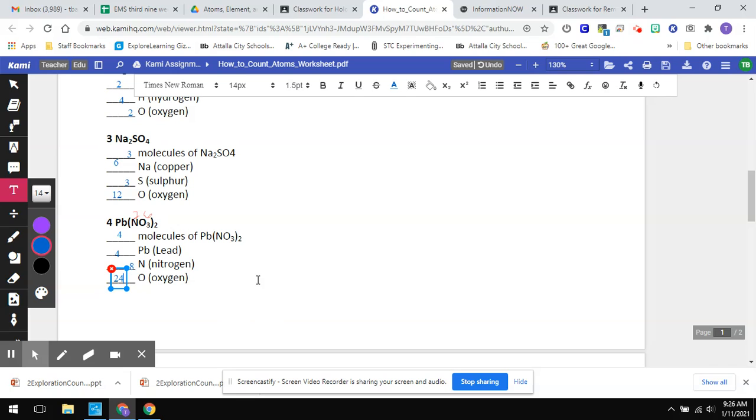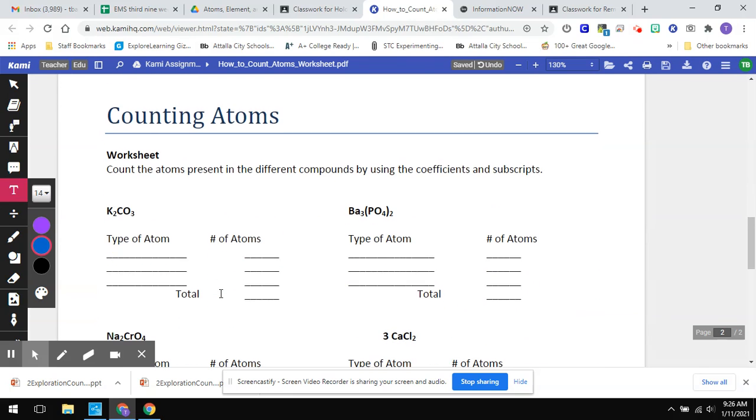So that was a lot, but I put that number up there so that I remembered to multiply this 4 times the 6 and didn't make the mistake of going 4 times 3, because I had to multiply that 3 by that exterior subscript. Sorry. So that's how to do that one.